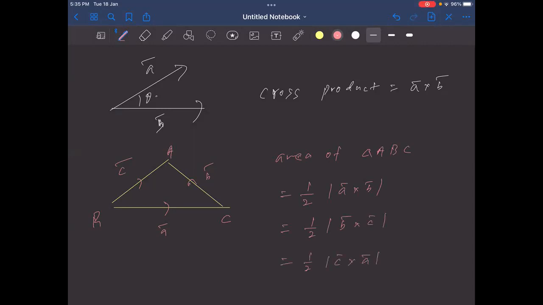Say yes or no. Clear? Yes, sir. ठीक है. तो क्रॉस का मतलब ये होता है वेक्टर में एरिया का कैलकुलेशन.